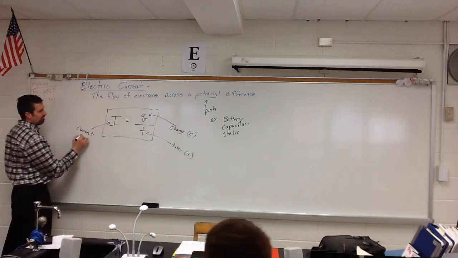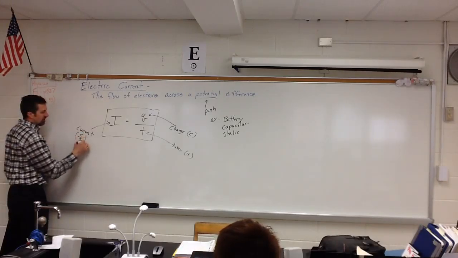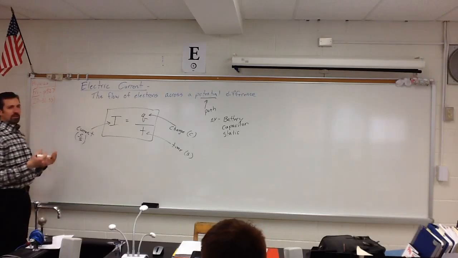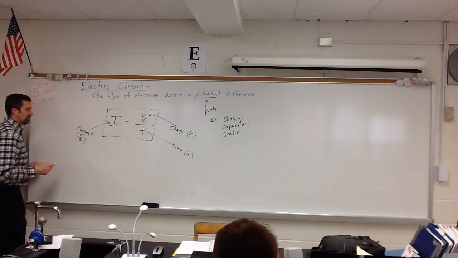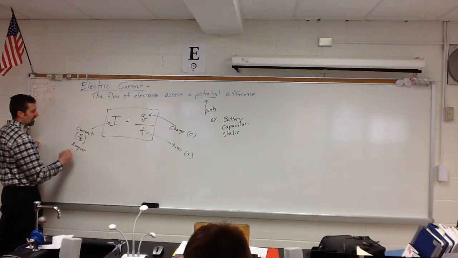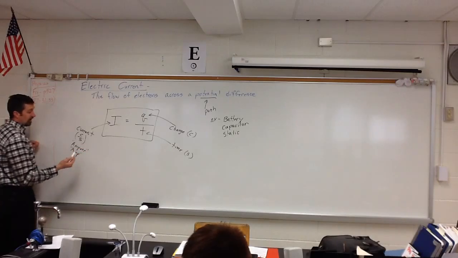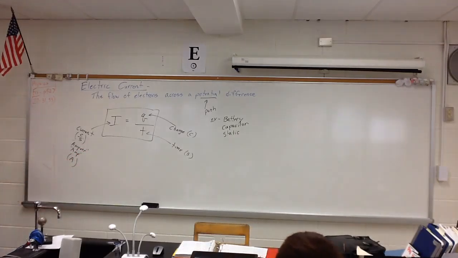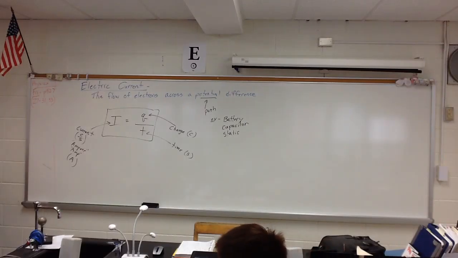Current can be coulombs per second, sure, and you'll get it right on the Regents if you do it that way. However, no one that knows anything about current calls it coulombs per second. They usually say that's an ampere, or an amp, and we abbreviate it with a capital A. So usually when you talk about current in physics, you say amps of current.